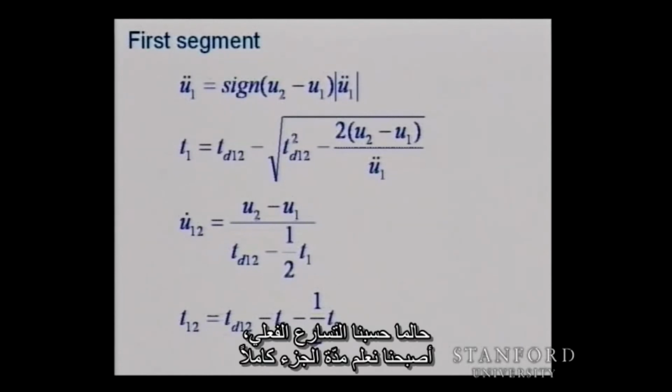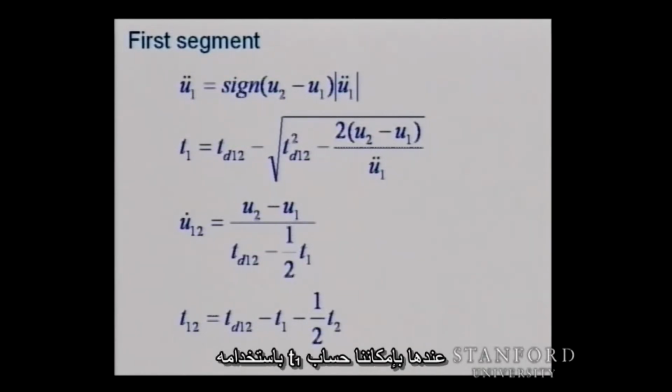Once we compute that, and we know the duration of the entire segment, then we can compute t sub 1 using that. Then we can compute the velocity for that segment, u dot 1 2, and then we can compute the time for the linear part of that segment.